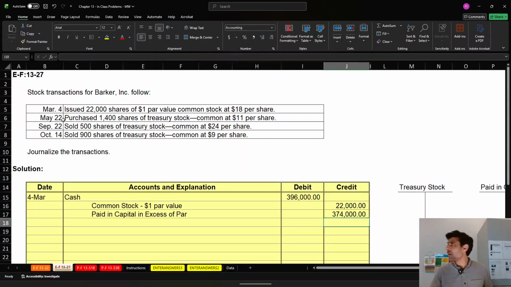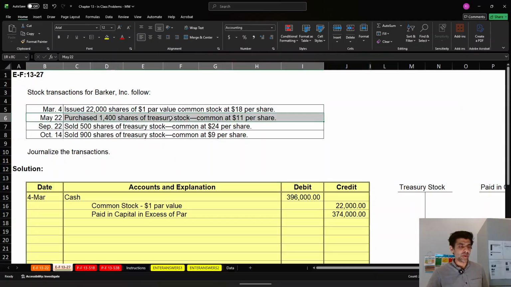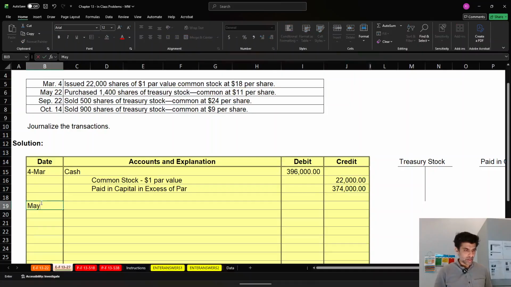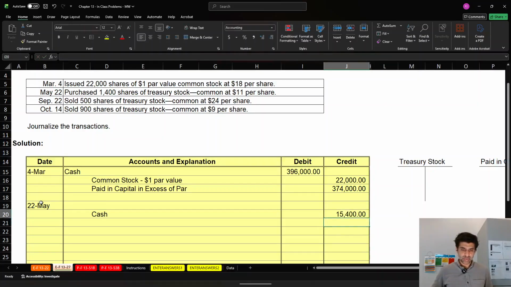But now we're going to talk about the treasury stock transactions. So the first one, we're going to basically buy back 1,400 shares. So May 22nd, this time we're going to be spending cash. And you can figure that out by just doing $11 per share times 1,400 shares.